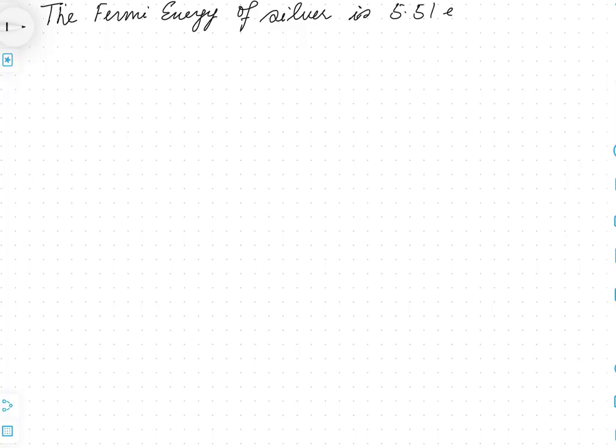The second question that we have from statistical mechanics: the Fermi energy of silver is 5.51 electron volt.